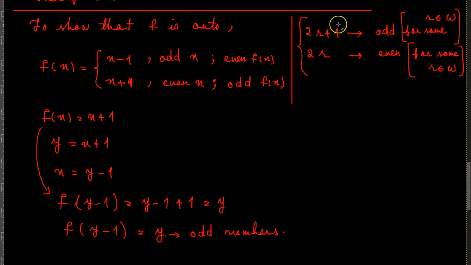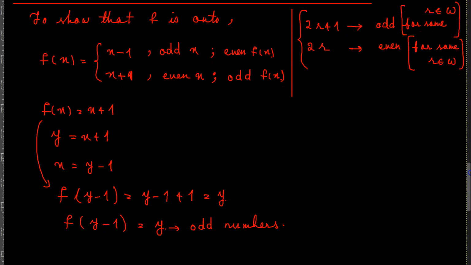Or if I denote these y's with 2r plus 1, you can see that I have a y over here, and the pre-image of that y in the domain of the function is y minus 1, meaning that any y that I want to get to in the codomain of the function, I have to be looking for y minus 1 in the domain of the function.